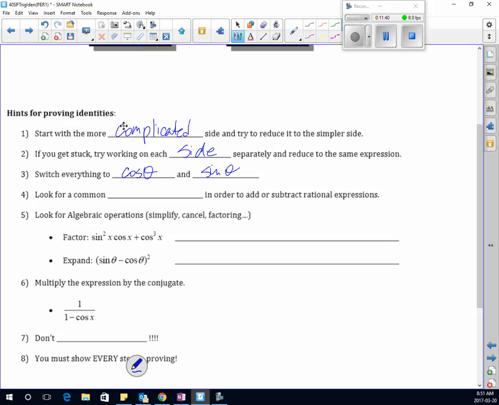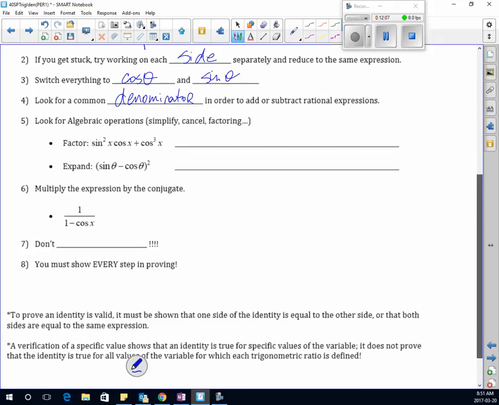Look for a common denominator. A lot of the times, if you get a common denominator and add or subtract them together, they end up simplifying quite a bit. A lot of the times when people get stuck when they start proving, if they would just factor something out, you can cancel something. So always look for factoring, canceling, simplifying.